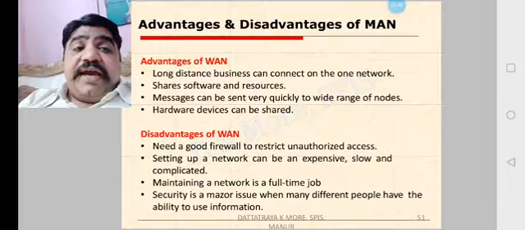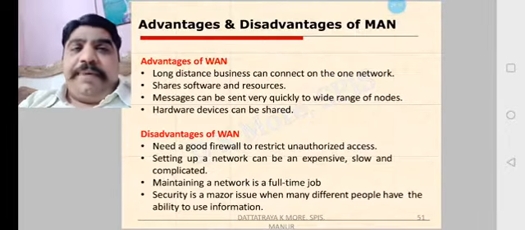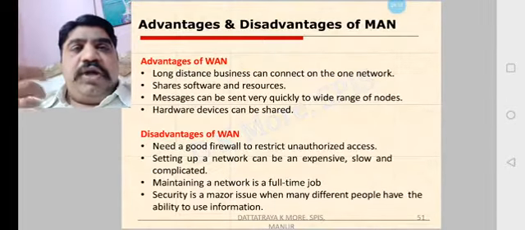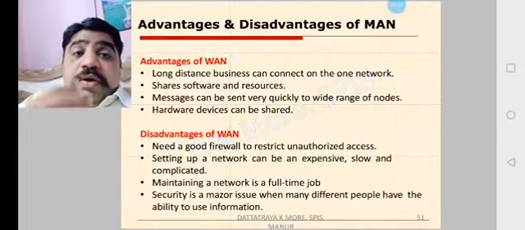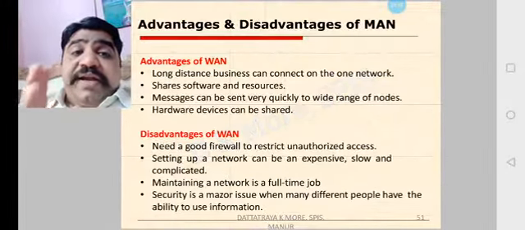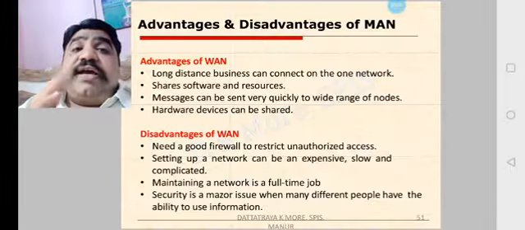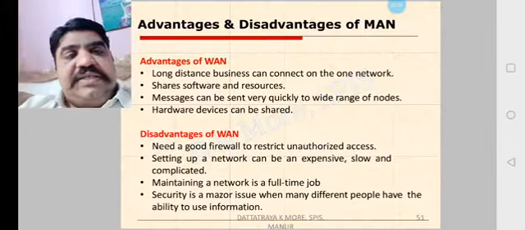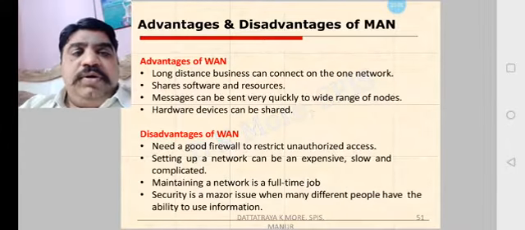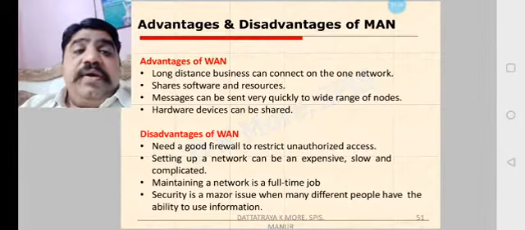Setting up a network can be expensive, slow and complicated, because all over the world we need to set up that network, so it is a little bit slow. Next, maintaining a network is a full-time job. For that we need technicians, because maintenance is always going on all over the world, it is spread.